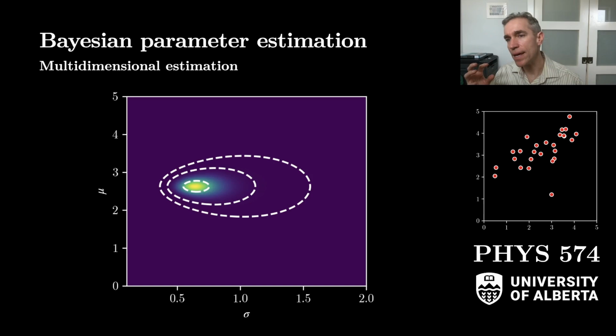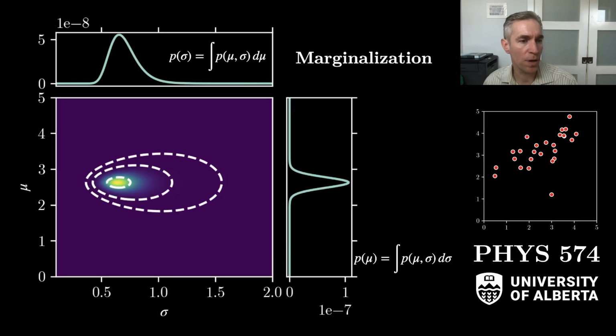When we have a two-dimensional data set, we can then explore what the probability distributions of the parameters are individually through this process of marginalization that we mentioned in the last video. Now, what marginalization does is it integrates or flattens this PDF by integrating over the parameter that you don't care about.